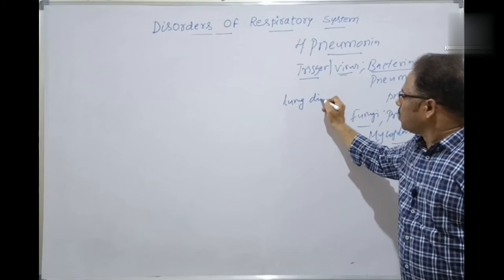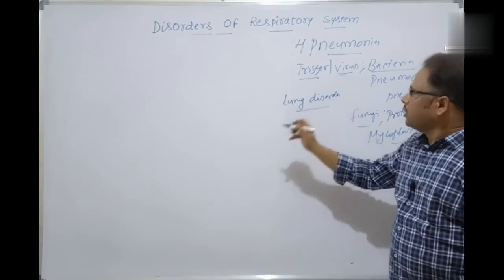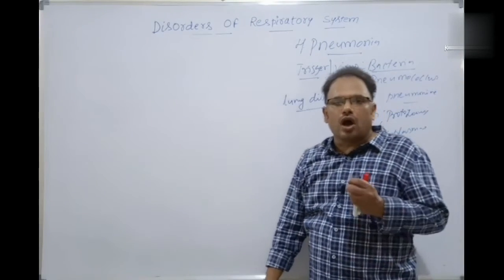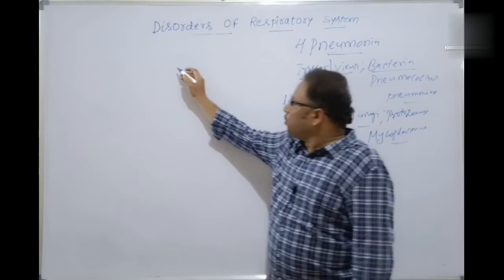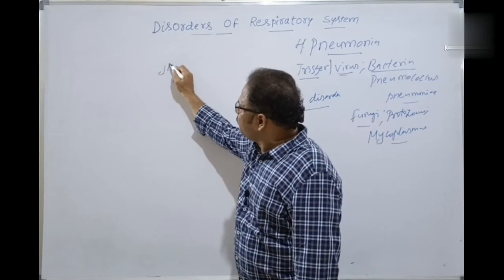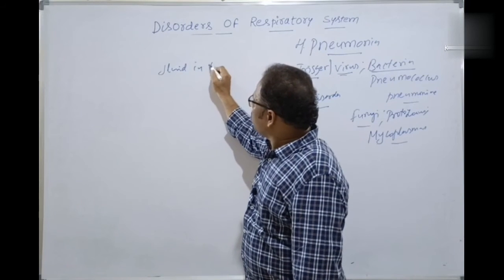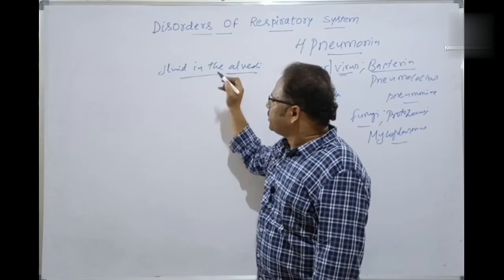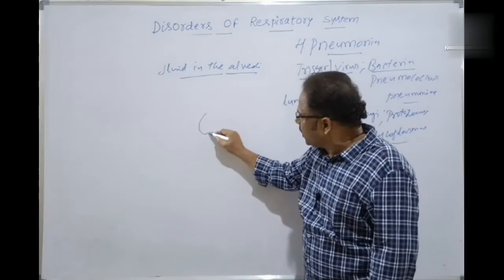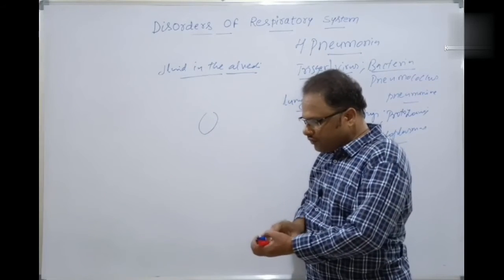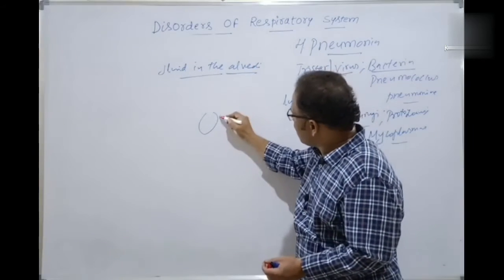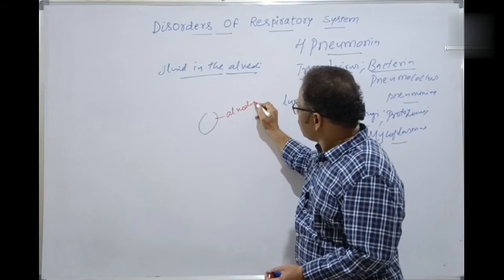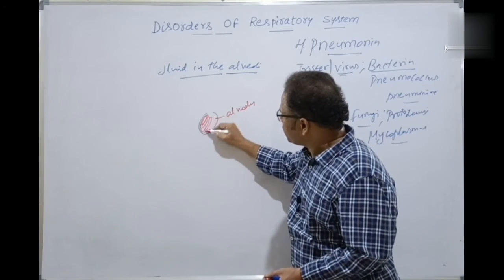Here, there is a severe accumulation of fluid in the alveoli. For example, this is the alveolus. It gets accumulated with the fluid like this here.